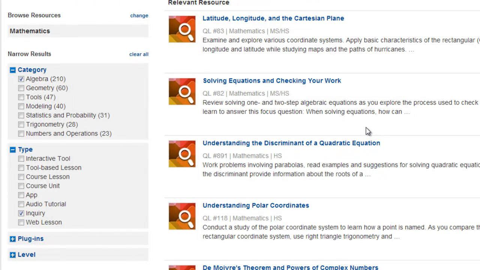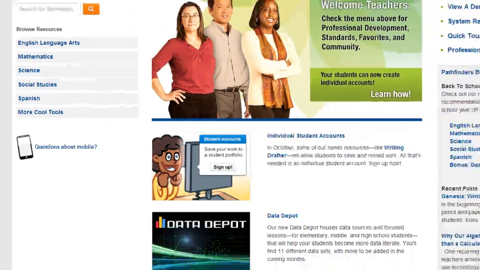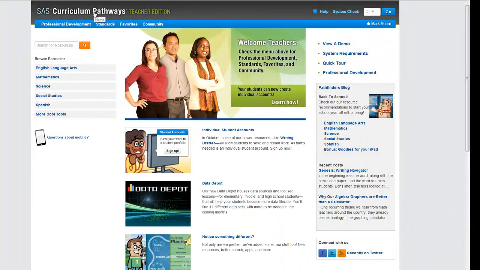So very thinking-based, lots of writing emphasis in the areas of English, math, science, social studies, Spanish, and we now have mobile apps, which is something we didn't have before. Everything in SAS Curriculum Pathways is tied to the West Virginia current content standards. So there's a quick look at what you can find in SAS Curriculum Pathways.